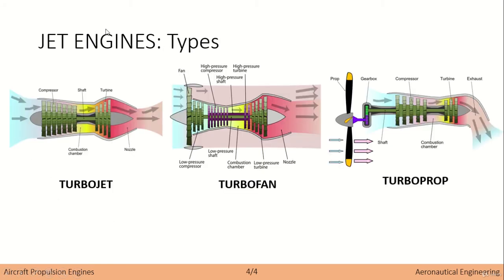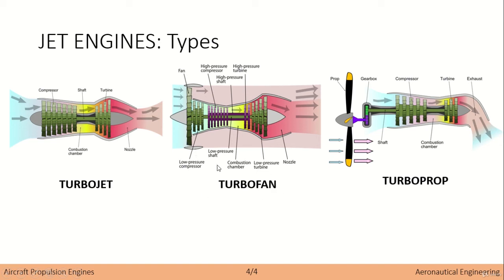Here is just an overview of the different kinds of jet engines. We will speak of each one and discuss several of the properties that each one has. As you can see, the turbojet is the basic model. Then you have the turbofan, which is a combination. It has a turbojet structure, and also an additional fan.